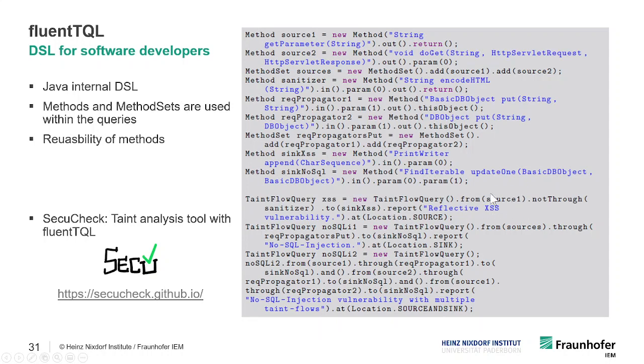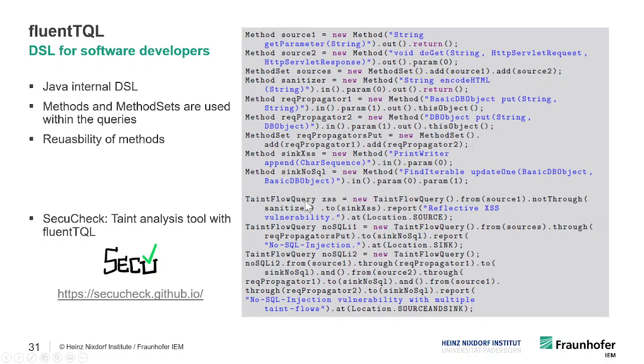So we want to track from source1, not going through the sanitizer, to sink for XSS, so reaching the sink, then report. You can give a message that should be reported to the user, so we can say reflective access as vulnerability, at location, and then you can specify some location. For example, we chose here to give the location of the source.